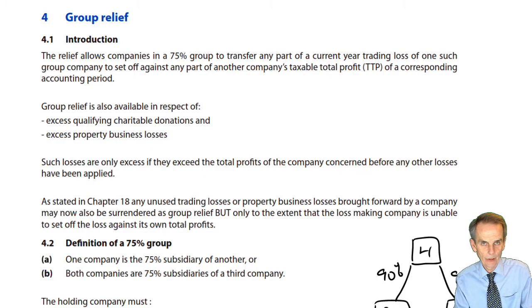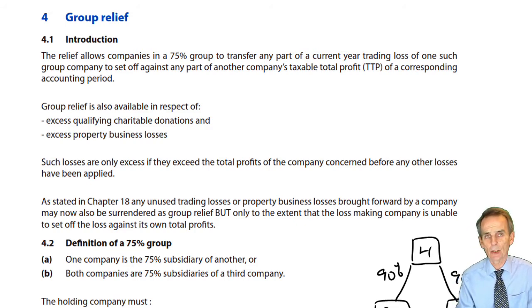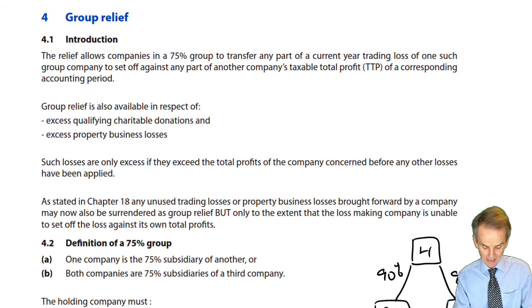Well, back in our first lecture on groups, we made the point that probably the biggest issue and the most examinable subject within this area of groups is that of group relief of losses. Now, we'll go into the detail of that in a few moments' time, but I hope you have gone back since our first session and looked at the example that I gave you in terms of who was able to group relieve with whom within what we referred to as a 75% group.